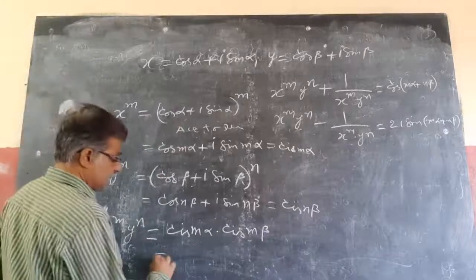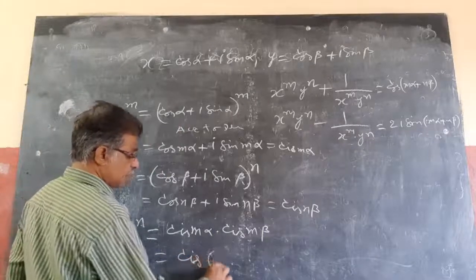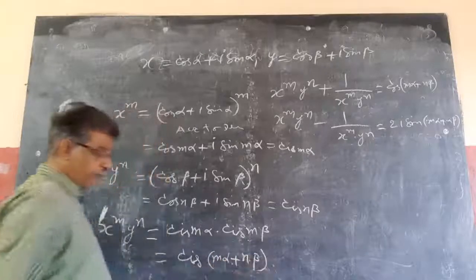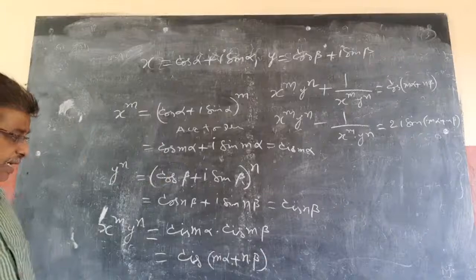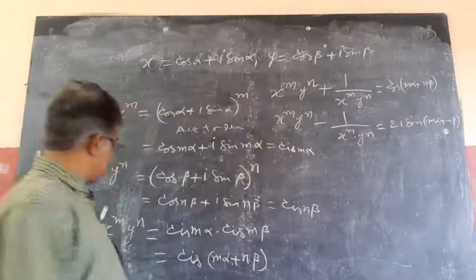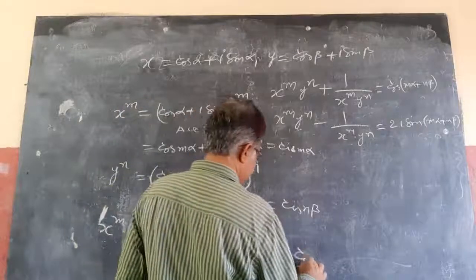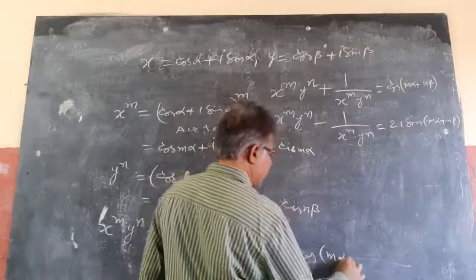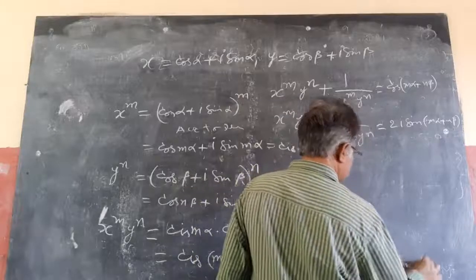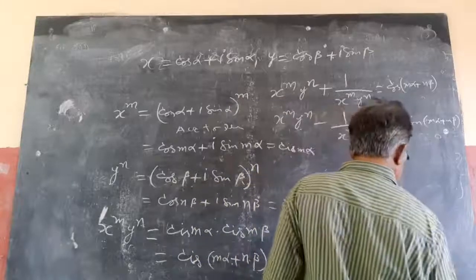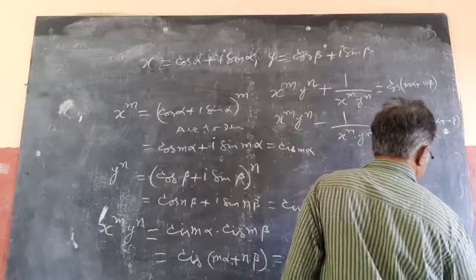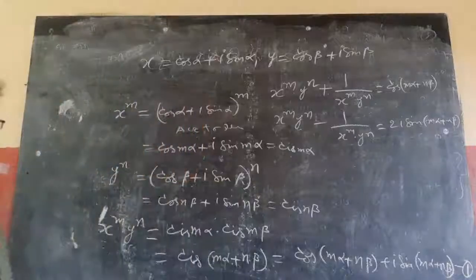So this I can write as cis of m alpha plus n beta. Now if I expand, this becomes cos of m alpha plus n beta plus i sin of m alpha plus n beta. Let it be equation 1.